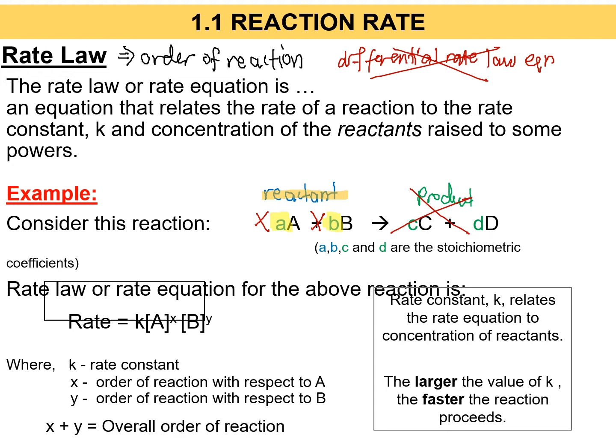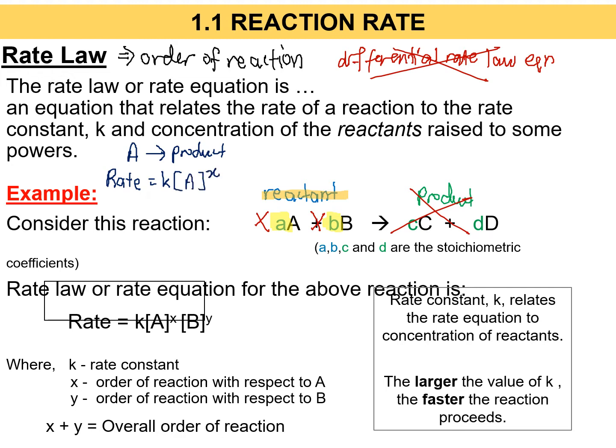Let's say you have reactant A, and then you will get a product. So when you write the rate law equation for this chemical reaction, it's going to be rate equals to K multiplied by concentration of A to the power of X.